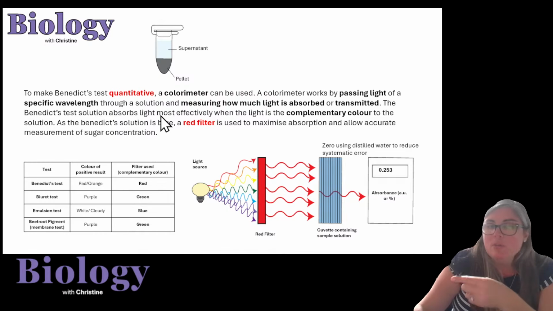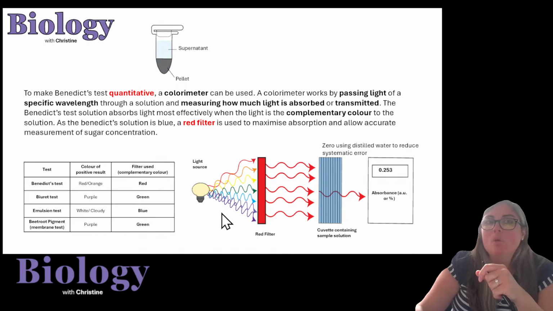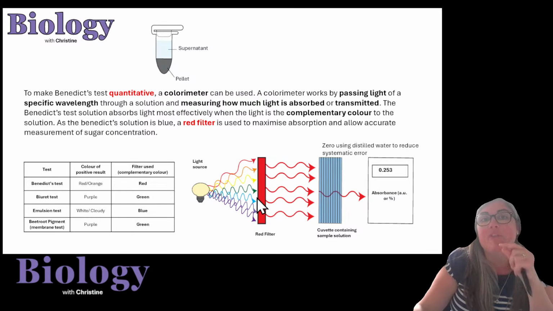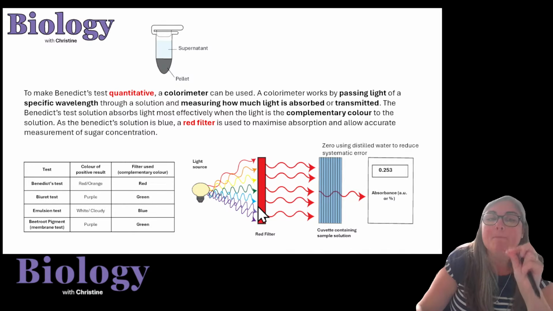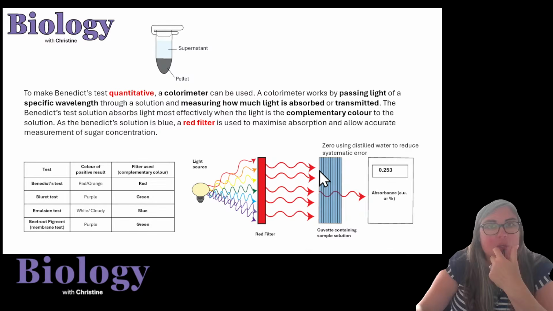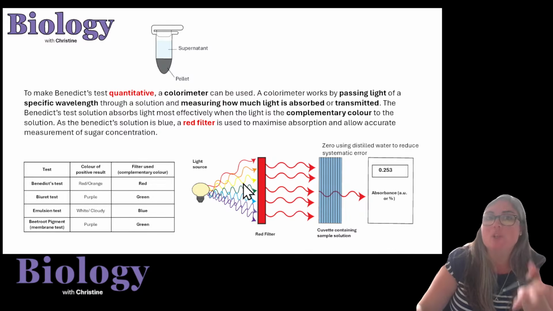If we're going to use a colorimeter, we're looking at ensuring that we understand that the light source is going to then be stopped by a filter. We're therefore going to use a filter which is complementary to whatever the solution is that we're using. So if it's Benedict's, we use a red filter.